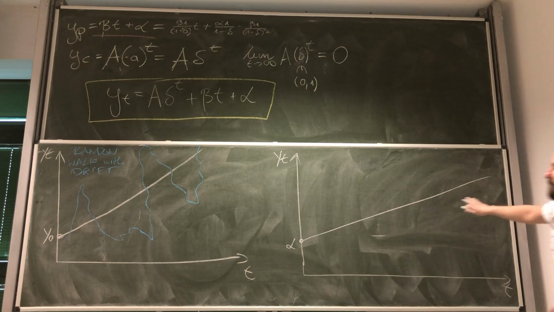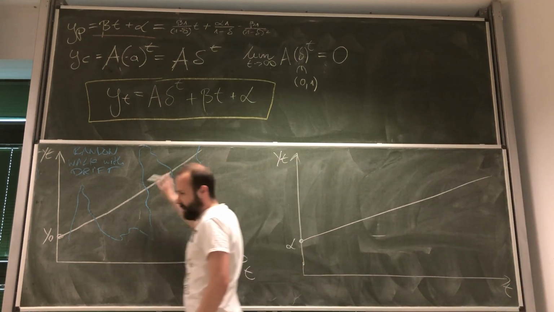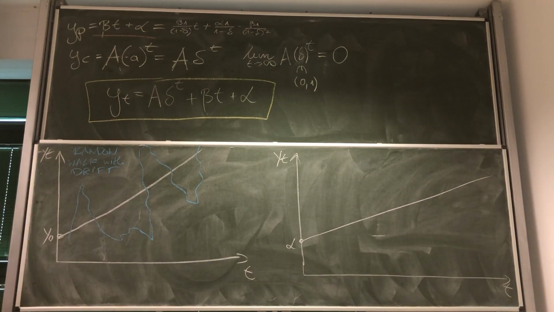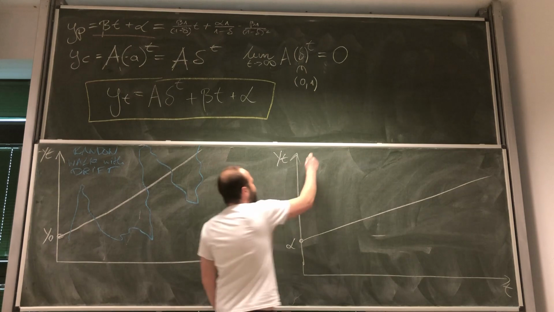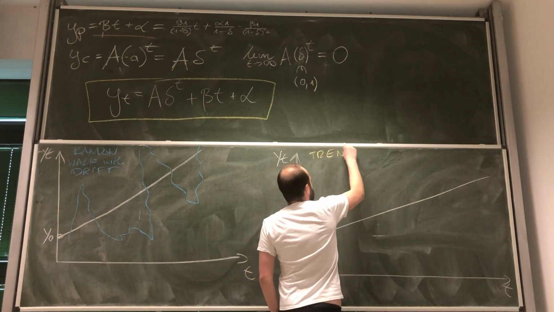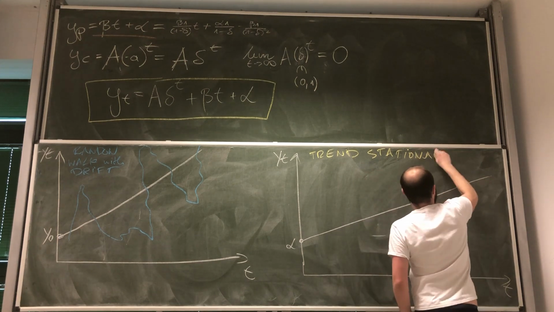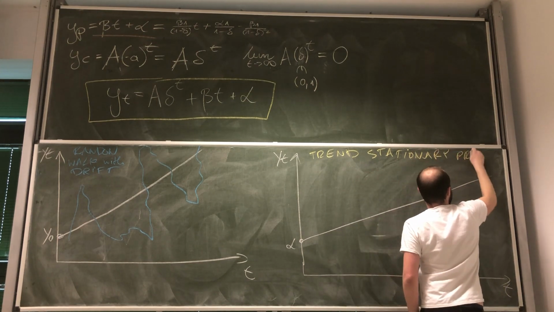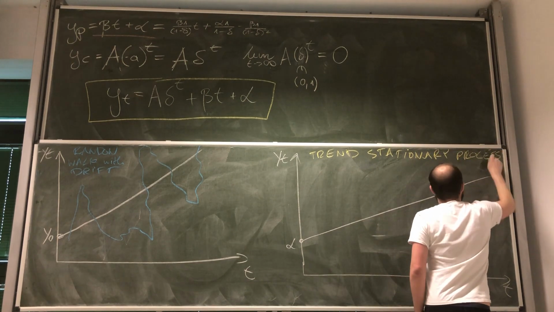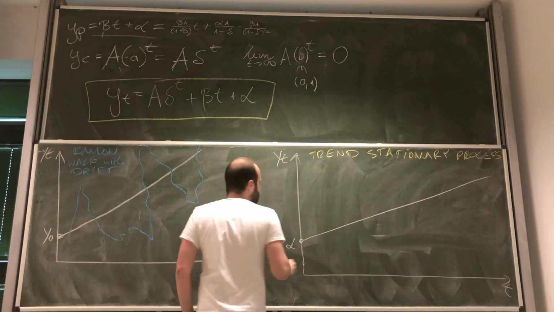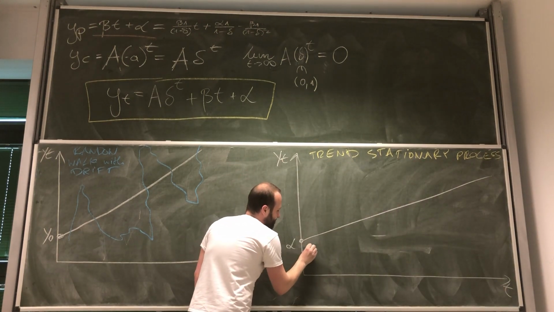But let's assume that those are the same. Now, if I would draw the trend stationary process, what would be the difference? You would see something that looks more like this.